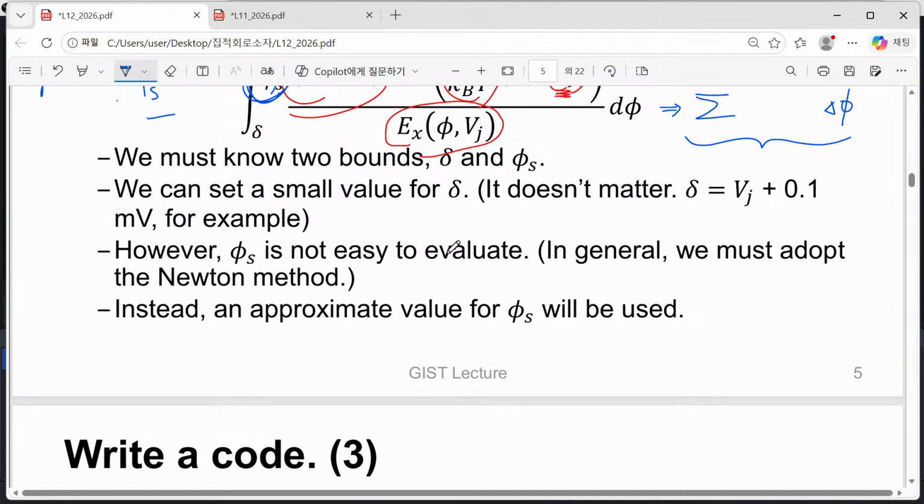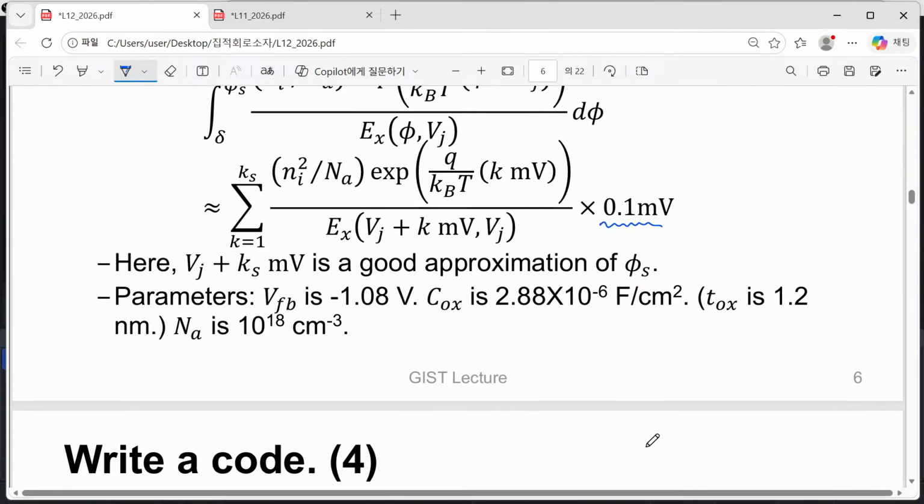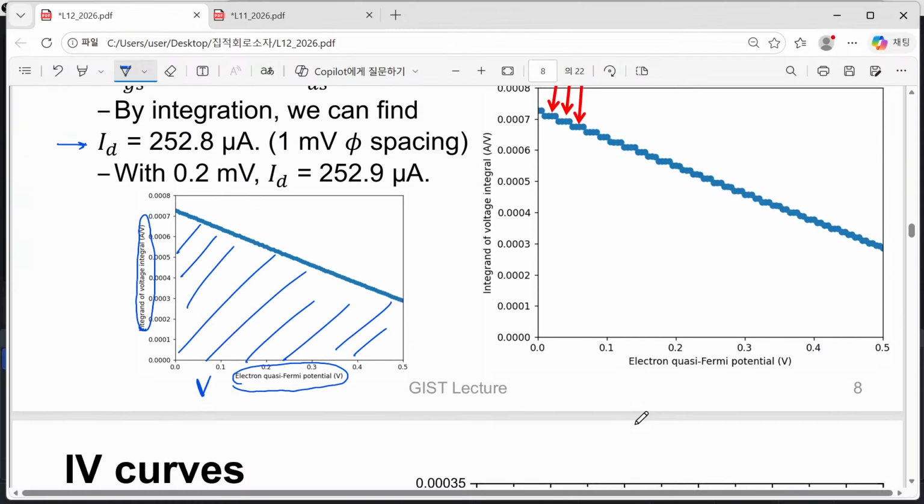Then you will get hands-on experience of how we can use the Pao-Sah integral. Looking at the result and the beautiful graphs is really easy to follow, but writing the code by yourself is a completely different story. So my suggestion is, do it by yourself. This is just a sketch for that.